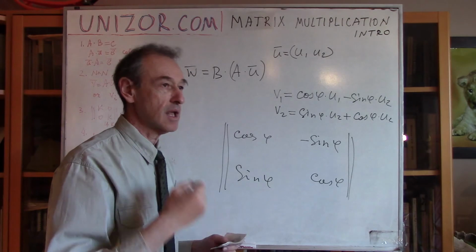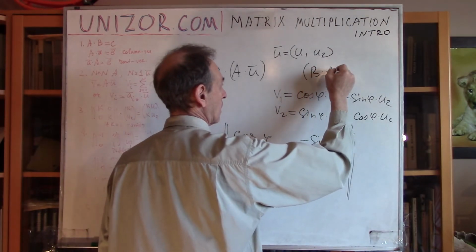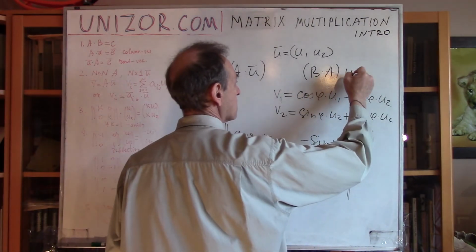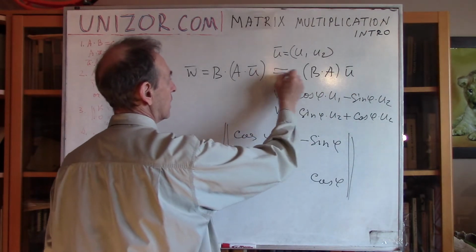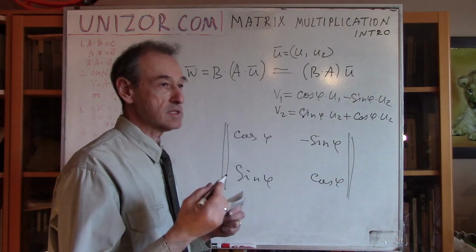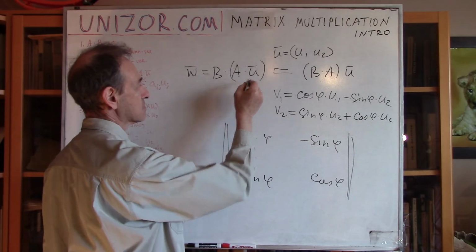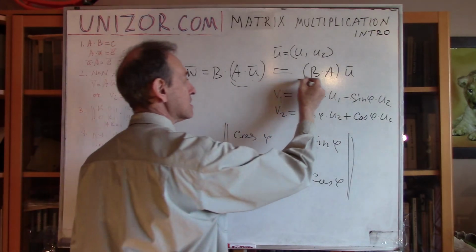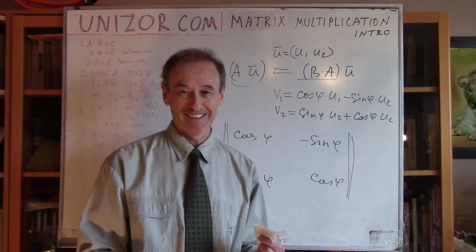Can I define my matrix multiplication so that at first I multiply the matrices by themselves, and then I apply the resulting matrix to my original vector, and I get whatever I got the first time? So far I have defined only the multiplication of a matrix by a vector. This is multiplication of matrices, and this is the subject of the next lecture.